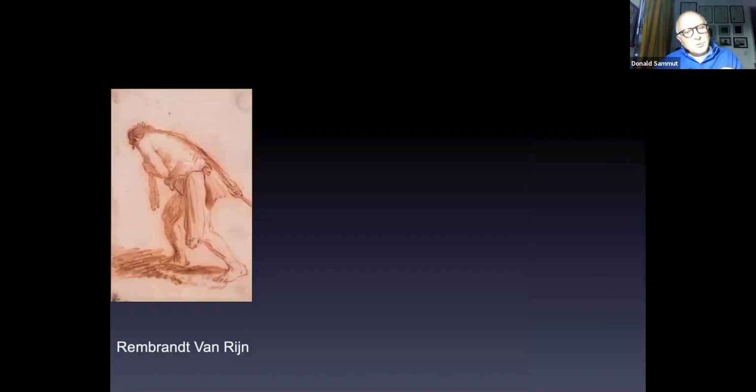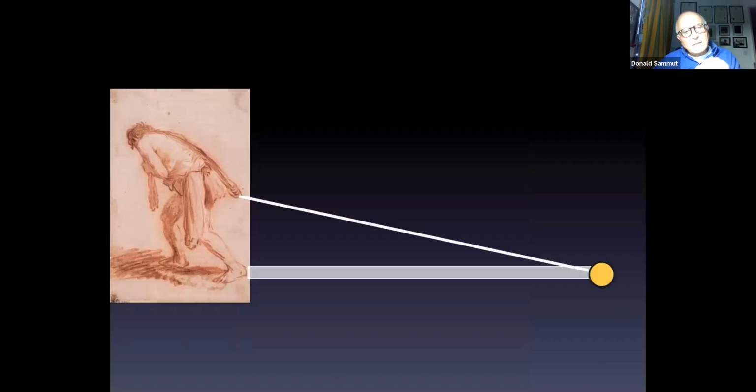Here's a charming little drawing by Rembrandt, a red chalk drawing, and I've used it to illustrate. Imagine this man is trying to pull up this flagpole using a rope. If he does it in this way, the vector for lifting the flagpole is going to be very small, while that along the ground is going to be very large.